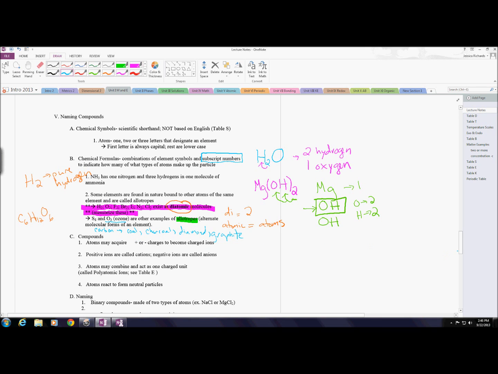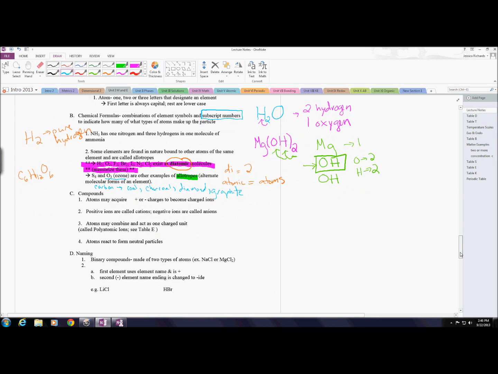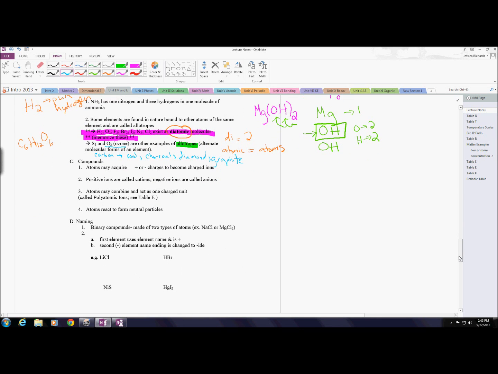The next thing you need to know before we can form and name compounds is that atoms are neutral. If an atom gains or loses electrons, they become something we call ions. Ions are going to be charged particles. Electrons are negative, so if you gain electrons, you become a negative ion.